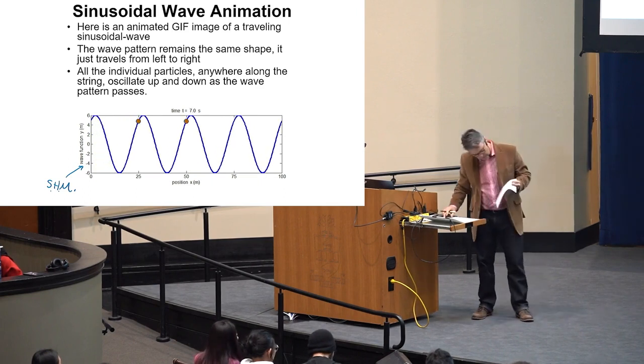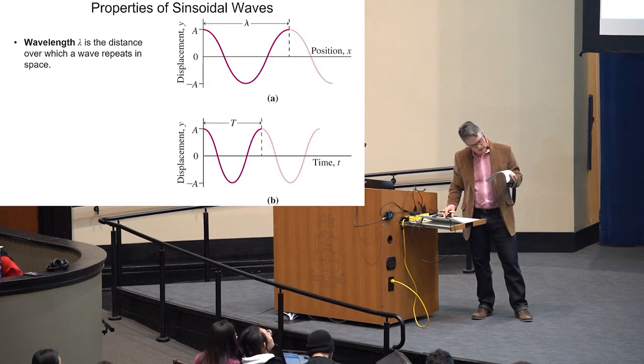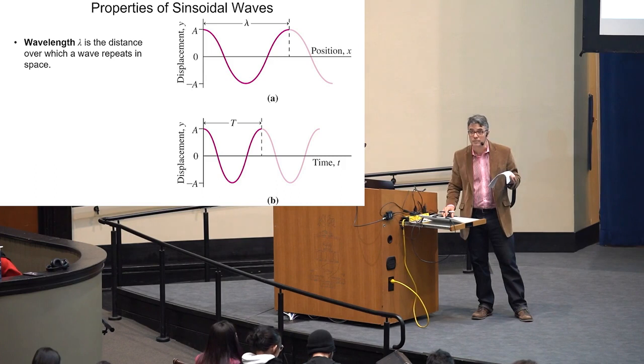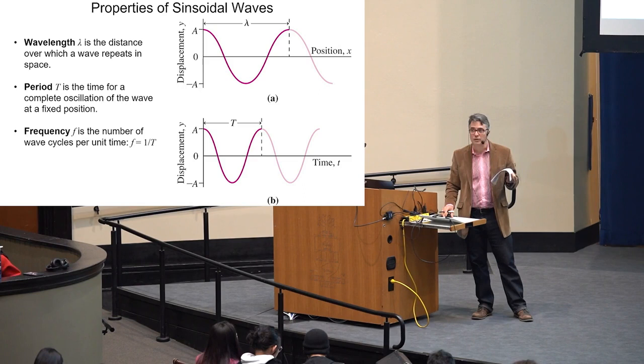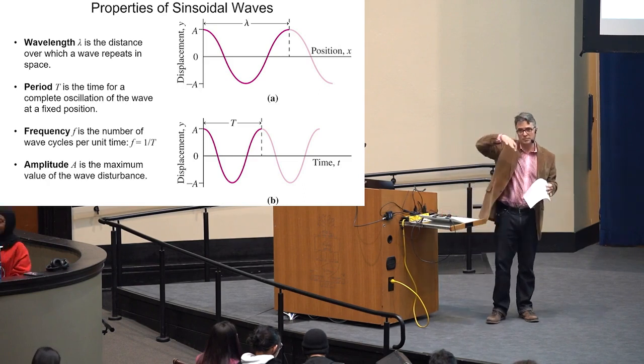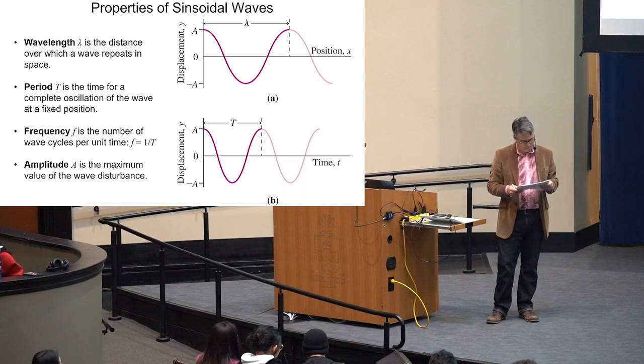Well, if you've got a sinusoidal wave, it has a wavelength, which is the distance that the wave repeats over space. You've got the period, which is the time it takes the wave to repeat over time. And frequency is 1 over the period. And the amplitude is the maximum displacement from the equilibrium.